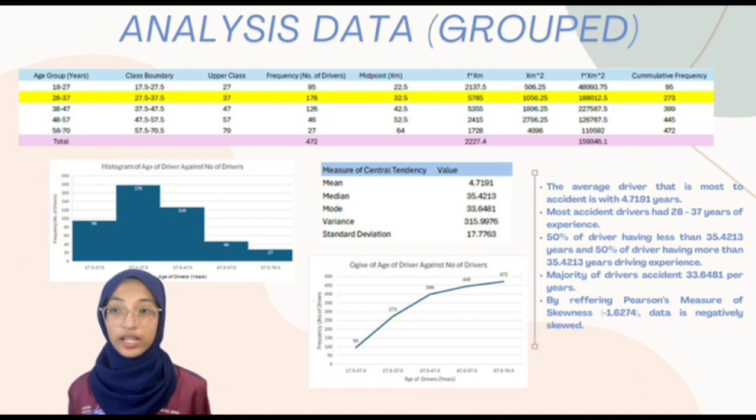And majority of driver accident is 33.6481 per year. By referring Pearson measure of skewness, which is -1.6274, the data is negatively skewed.